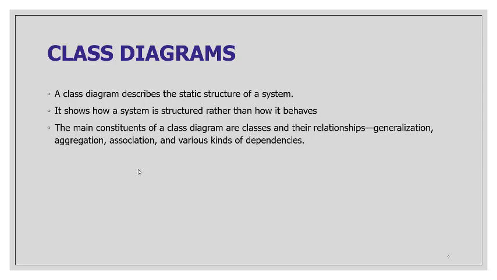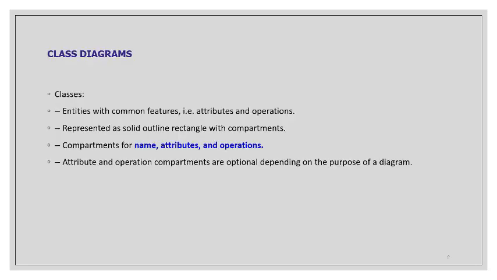And the classes actually represent some entities which have some common features, that is attributes and operations. Each class is represented by a solid outline rectangle with some compartments, mostly three or four compartments, and each class is designed by the rectangle box.